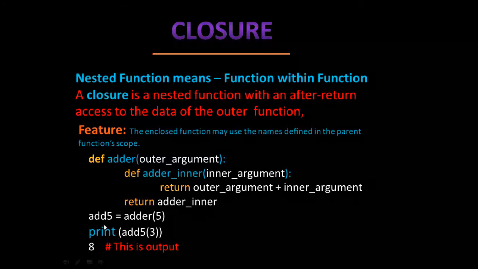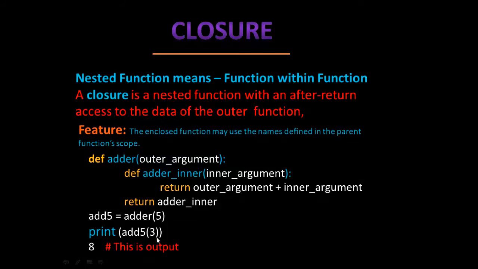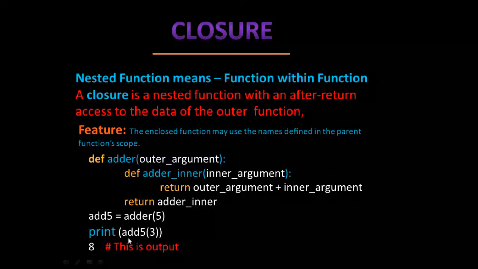Now we can call our add5 variable, which will accept another argument for the inner argument. So when I am calling the add5 function and passing 3, it will return 5 plus 3, that is 8, and that is called closure.